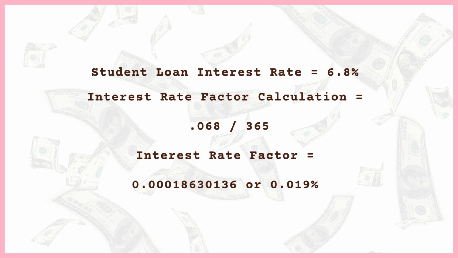With that calculation, the interest rate factor on a student loan with an interest rate of 6.8% is this long decimal number, aka if we turn it back into a percentage, it's 0.019% as the daily interest rate. So now knowing that the interest rate factor is 0.019%, we'll use that as an example in the actual calculation for your interest.